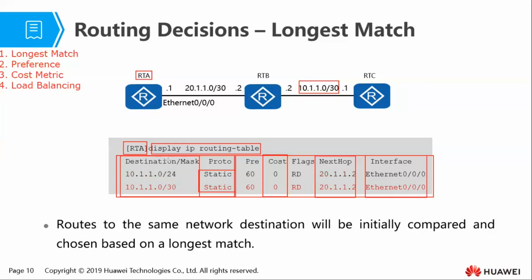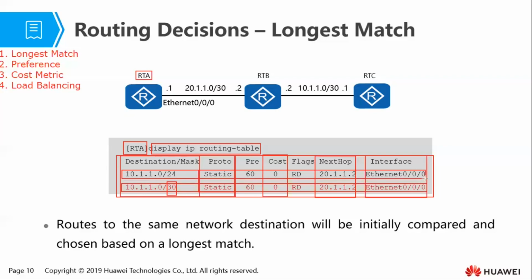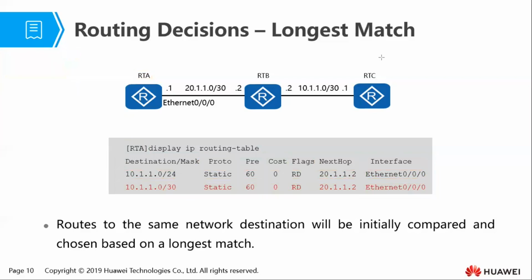For example here, this one that has /30 will be preferred, because if you do a logical AND between this and this, obviously the one with the more number of ones is going to have the longest match. That is how this route is going to be preferred over this other route, even though this route can also take us to that destination. That is what we call the longest match.